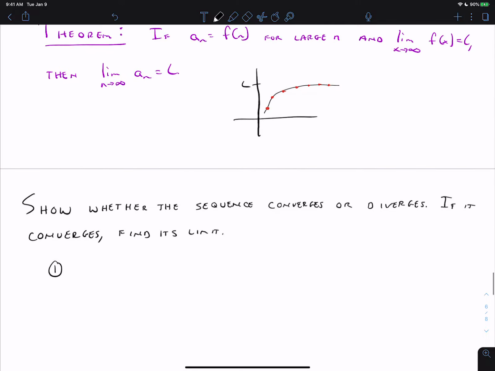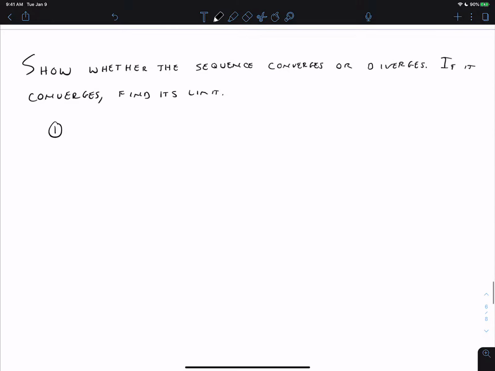All right, we get to use that theorem when we're talking about a sequence like this. Say a_n equals the natural log of n over n squared. Again, we're looking at sequences where the function types are different: a power function with a natural logarithm.